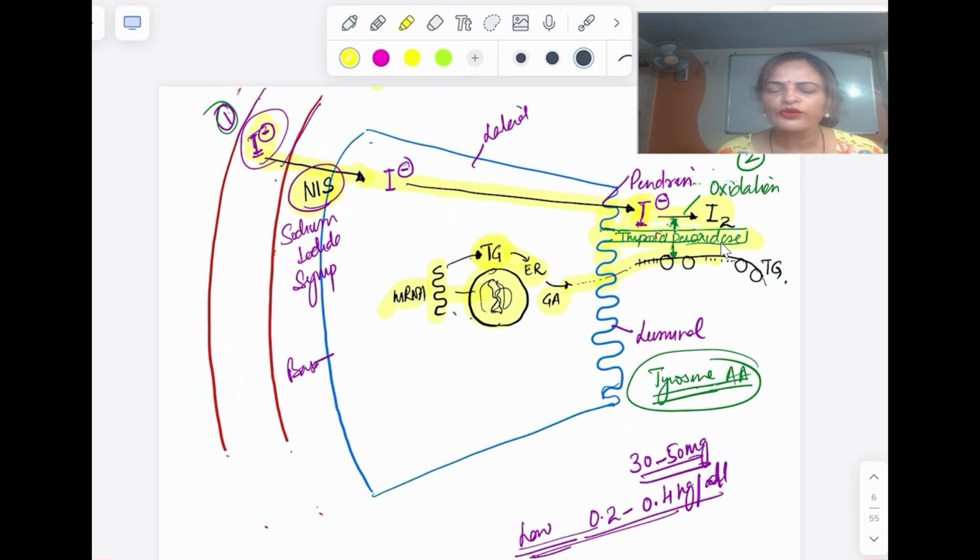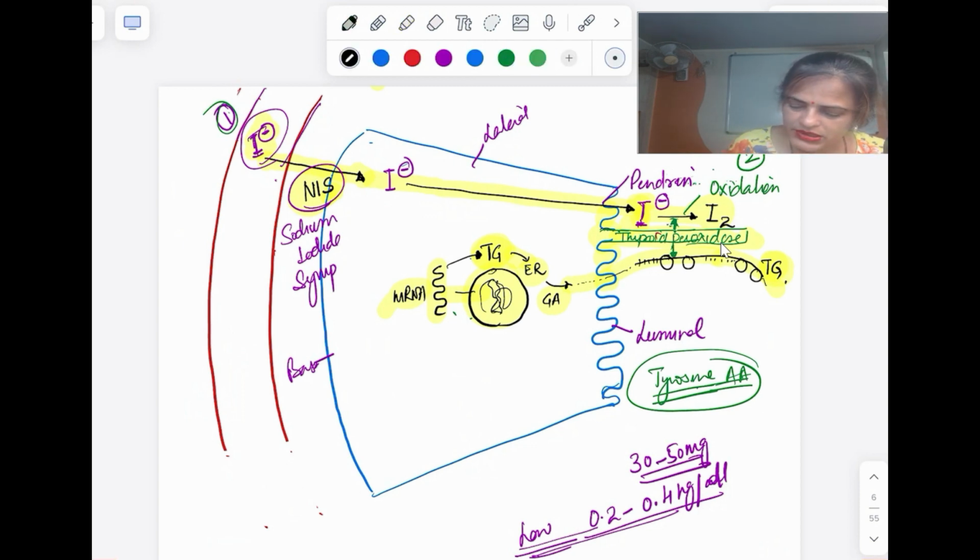Globulin, since it is made by the thyroid, thyro, followed by globulin. You know globulin is mainly made up of amino acids. So here I have shown the structure of the thyroglobulin, which constitutes many amino acids.